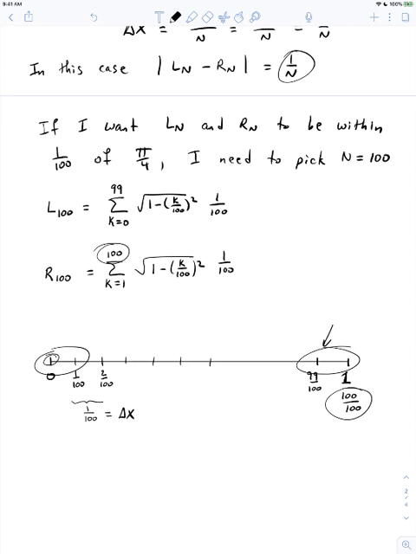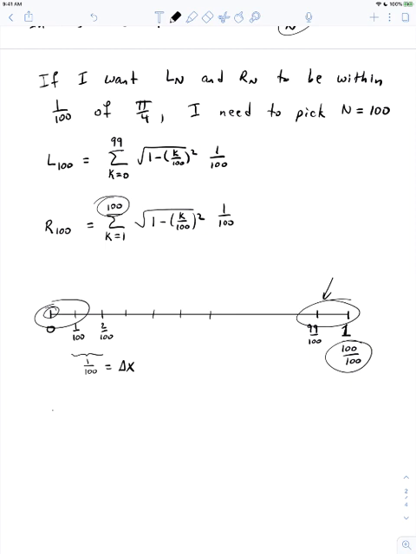In fact, I've already done these by computer, and what I got was L100 approximately equal to 0.790104, and R sub 100 approximately equal to 0.780104.